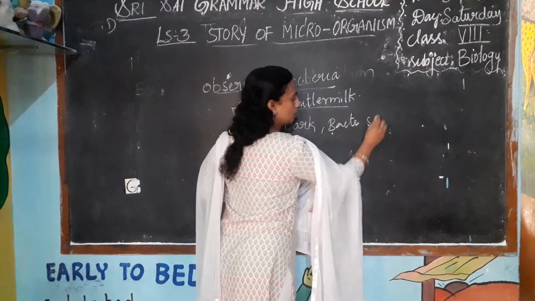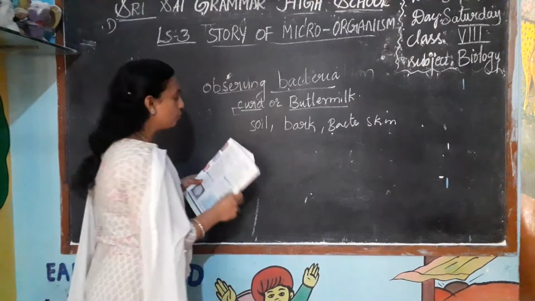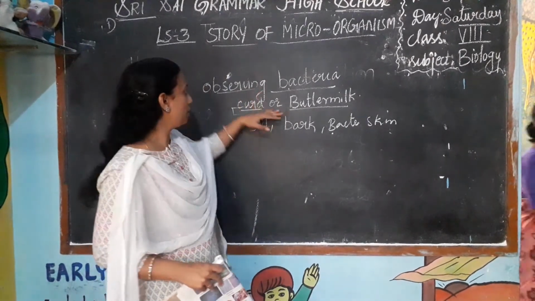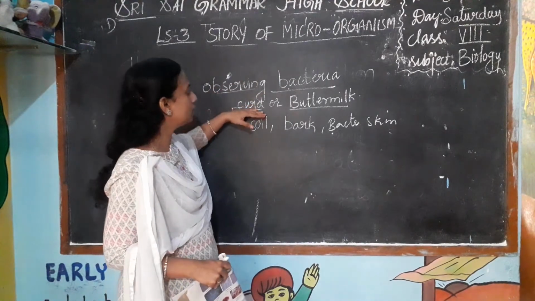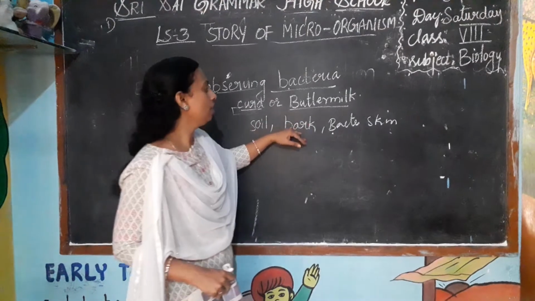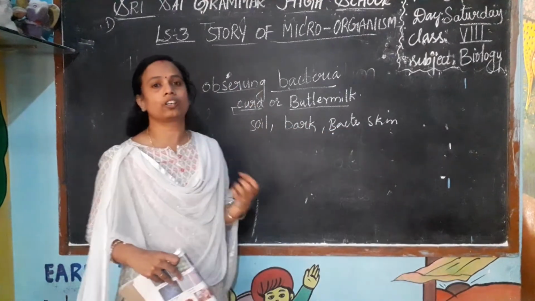Yes, on the skin also, and the armpit also we can find. So many places we can see the bacteria: in the curd, in the buttermilk, in the soil, bark of the tree, on the skin and the armpit. On our body also some organisms are present.